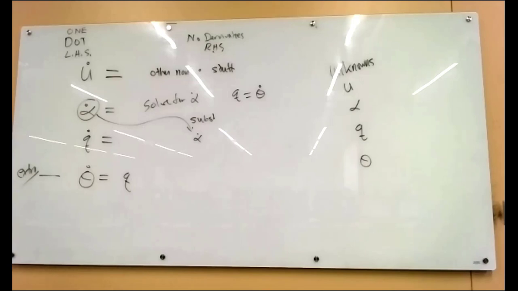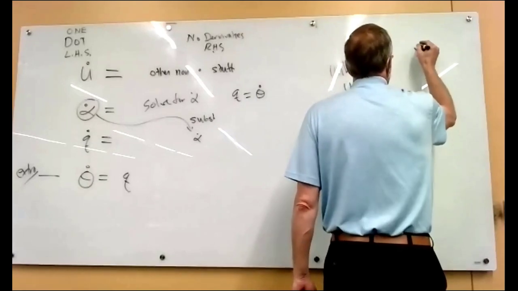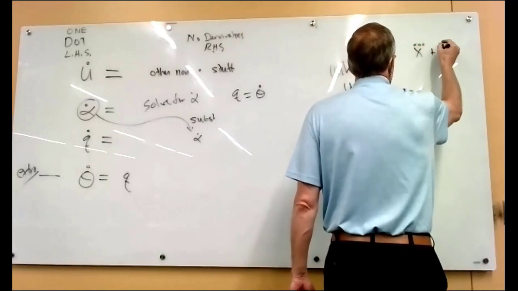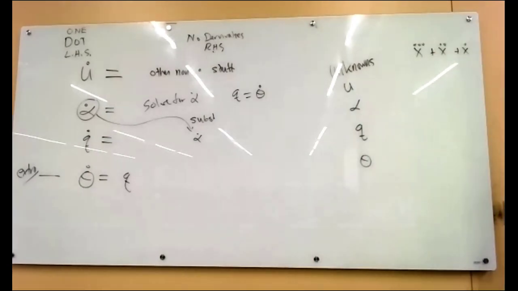Now, if you study this in control system theory, you can take any set of any ordered differential equations, and then you make up names for new variables. And then you just add an equation that says what's the relationship between the new variable and the derivative of the old variable. So if you have a differential equation that has x triple dot plus x double dot plus x dot, and you go, how the heck am I going to get that in the form?